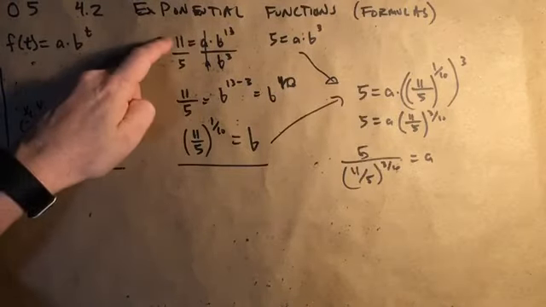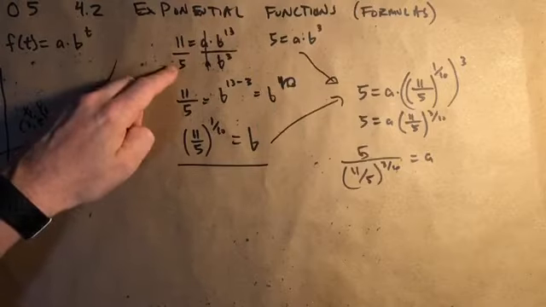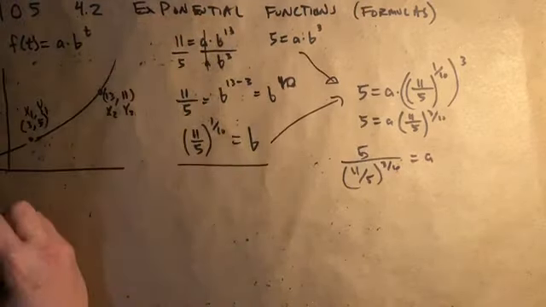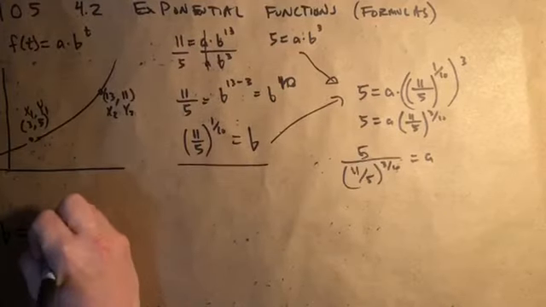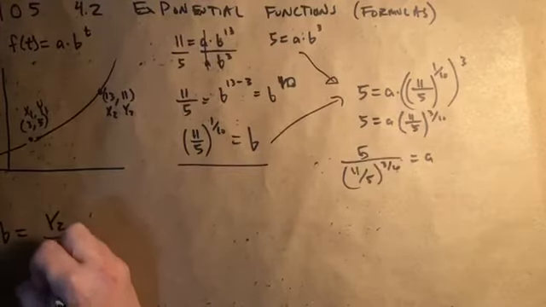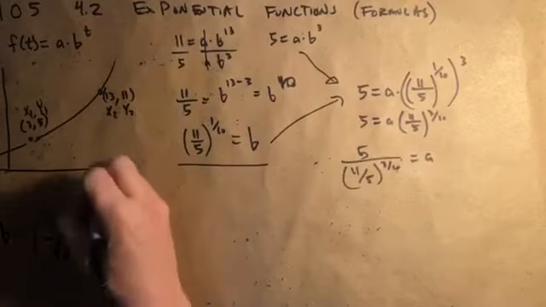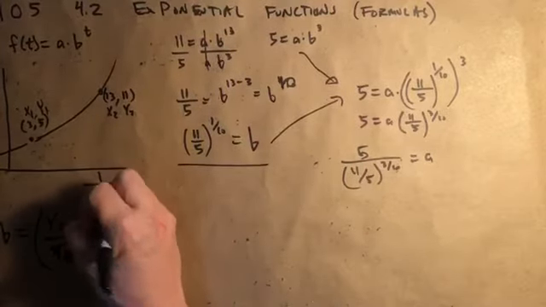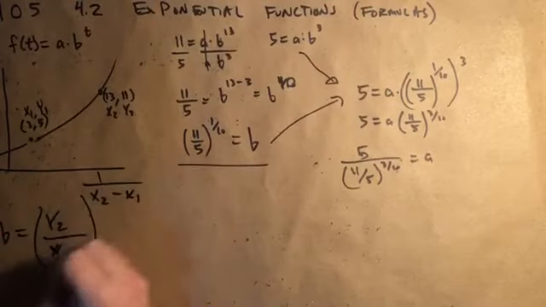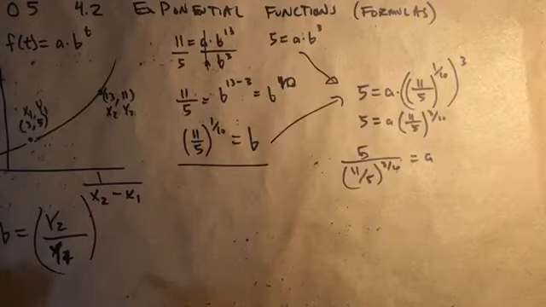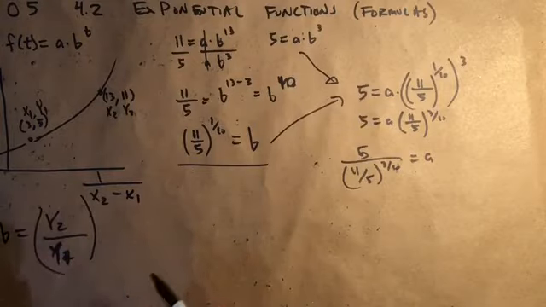That here I have b equals y2 over y1 raised to the 1 over x2 minus x1. And so I think this formula is very fast to arrive at, and we did it one time, and for the most part, I'm going to run with this b value.